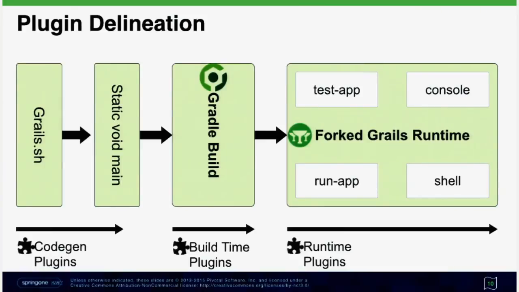So now we have a clear delineation where a plugin can do code gen. They can do that completely separately, being a Gradle plugin, and completely separately to that, they can also contribute to the runtime. So any one plugin can't necessarily do all 3 of those things, but you may create a multi-project build in Gradle that provides all of those things at different points into a Grails 3 application.